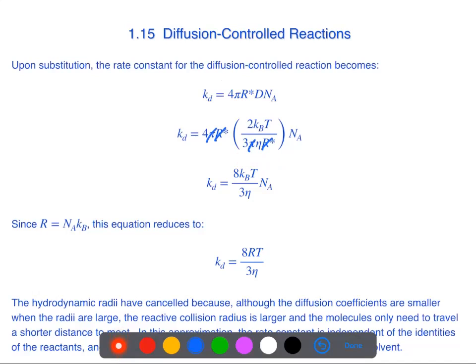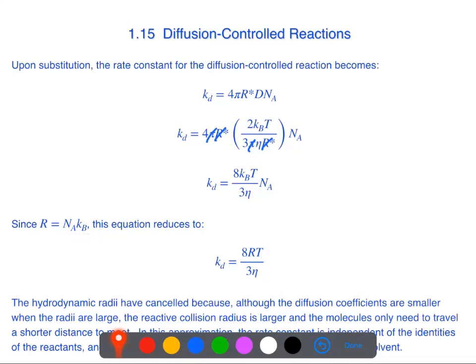So we have 8 over 3 multiplied by kBT over eta multiplied by the Avogadro constant. Now we can reduce this even further because the molar gas constant is equal to the Avogadro constant multiplied by the Boltzmann constant. So now we have an expression for the diffusional rate constant, which is simply equal to 8RT over 3 eta.